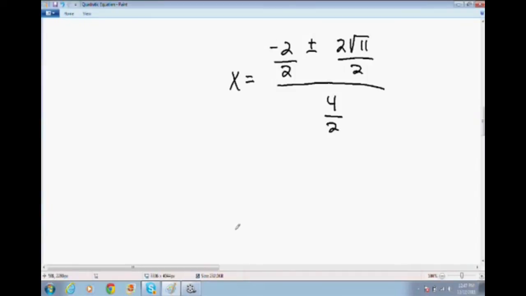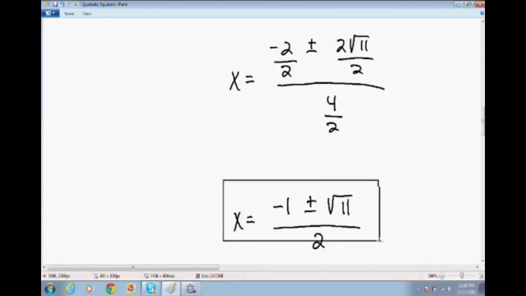And finally, we arrive at our final answer. -2 divided by 2 is just -1, plus or minus 2 square root of 11 divided by 2. The 2's cancel out, so that just becomes the square root of 11. All divided by 4 over 2, and 4 divided by 2 is just 2. Now this equation cannot be simplified anymore. We have simplified it as much as possible, so this is our final answer.